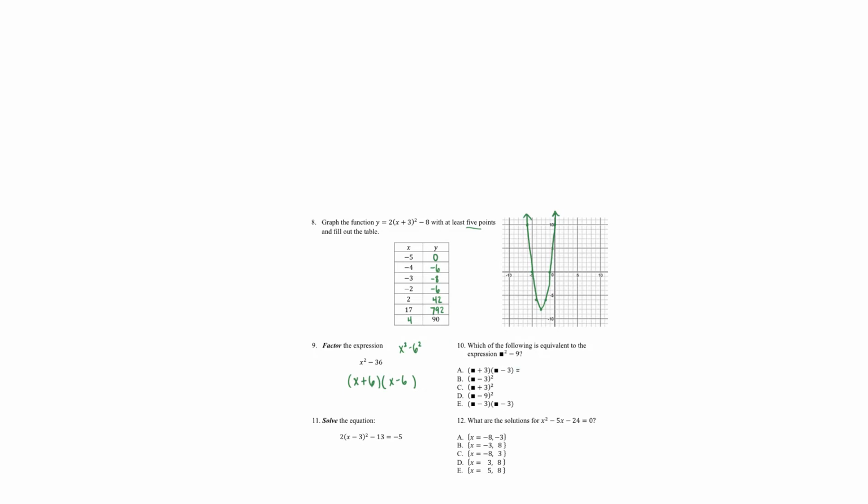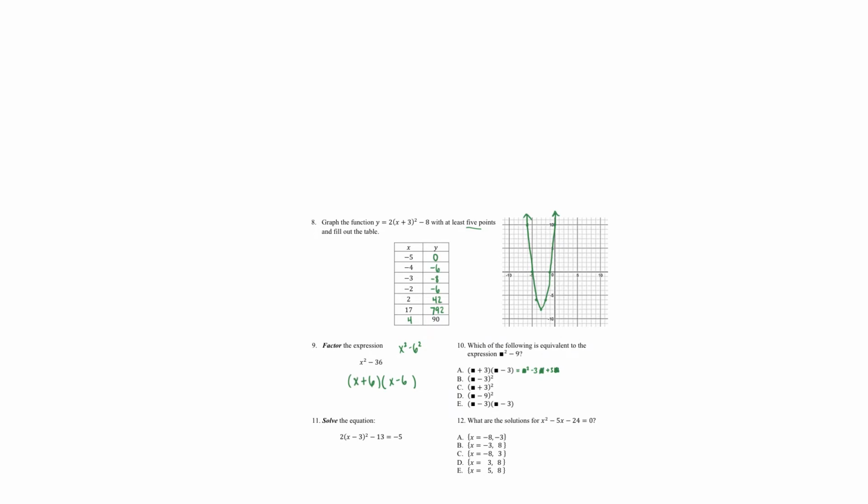So if you multiply these out, what would you get? You would get box squared minus 3 box. The way I'm getting that is I'm doing box times box first, and then box times negative 3. What am I going to do next? I'm going to do 3 times box. So that'll give me plus 3 box.